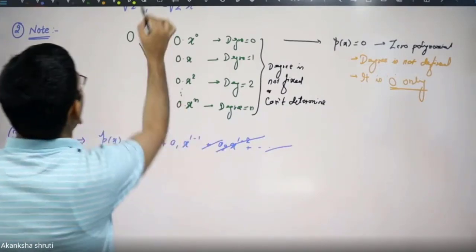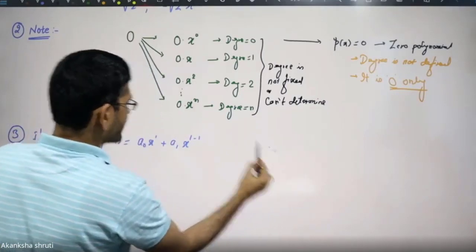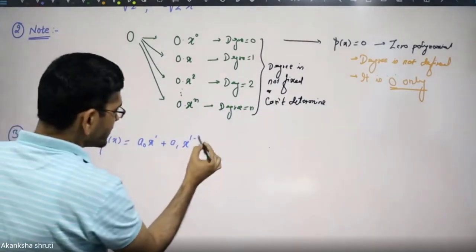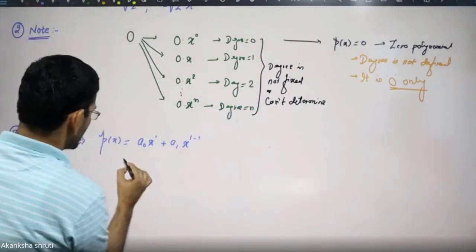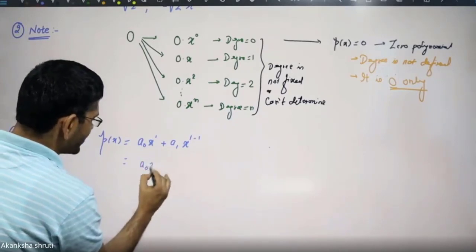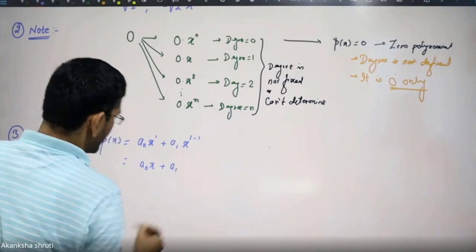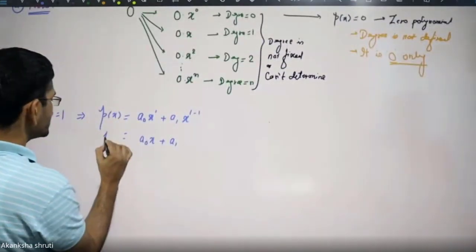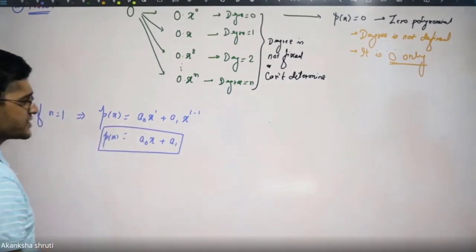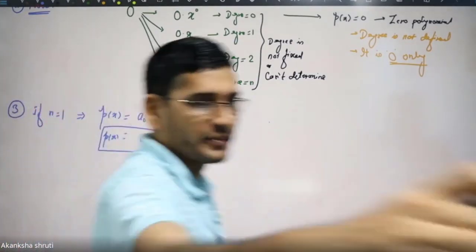But x to the power 0 is possible because power can be a whole number, and x to the power 0 is 1, so it becomes simply a0 x plus a1. This is the general form of the polynomial.